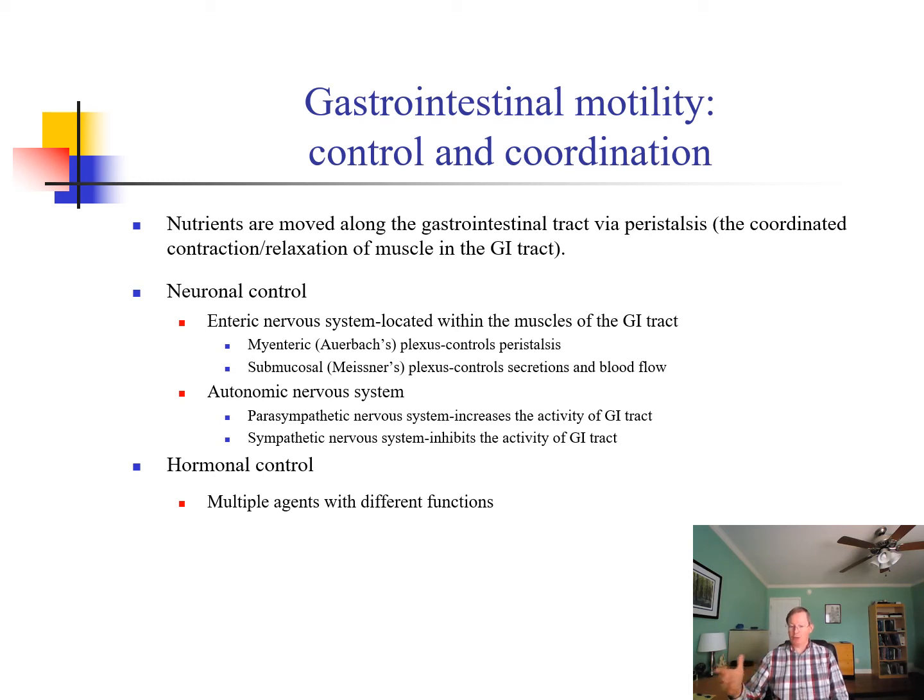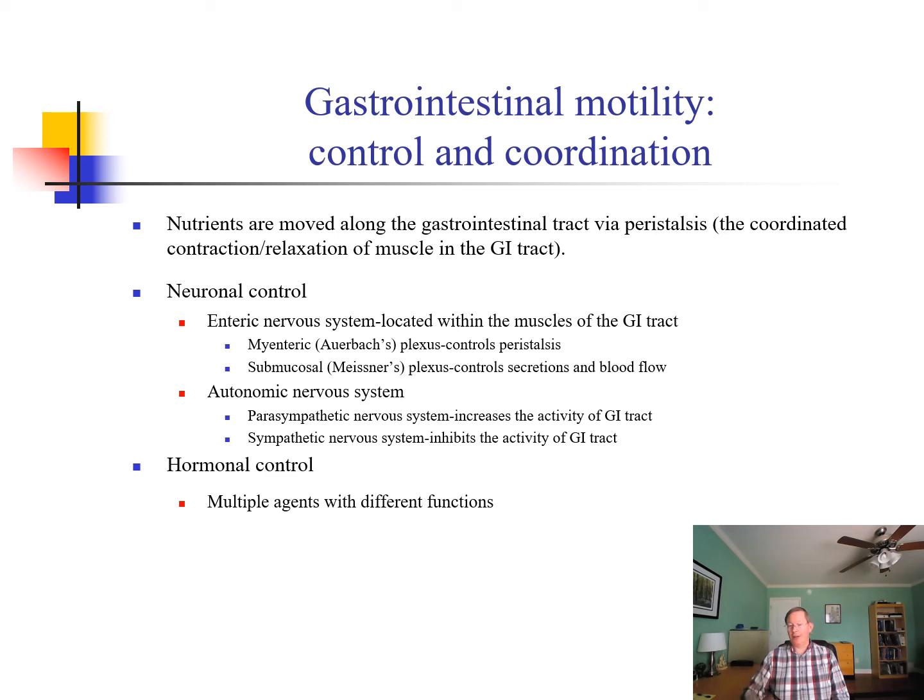Parasympathetic nervous system is sort of a rest and relaxation, sympathetic more of a fight or flight system. And so in that regard, the autonomic nervous system can increase, for the parasympathetic nervous system, the activity of the GI tract, or the sympathetic nervous system can inhibit the activity of the GI tract. But beyond that, it doesn't have specific roles.